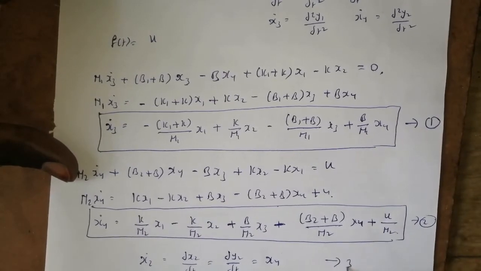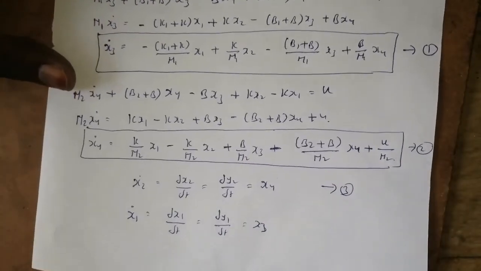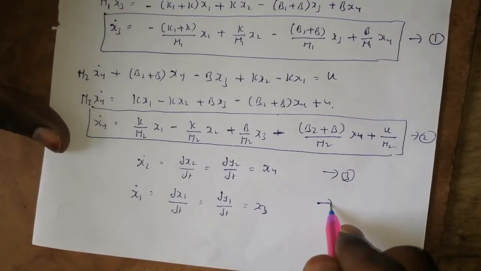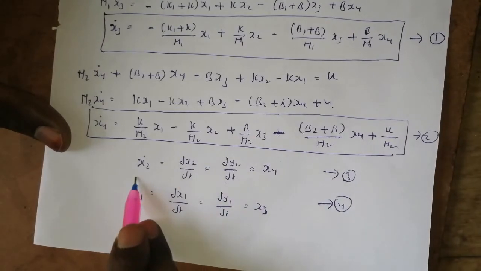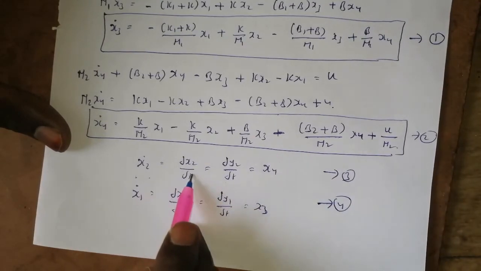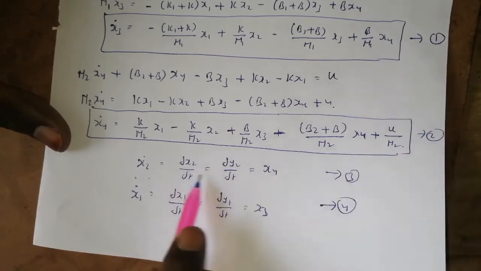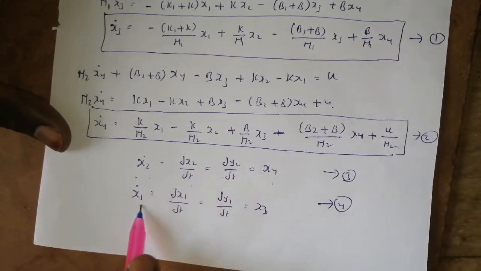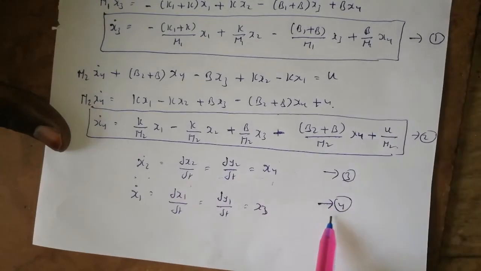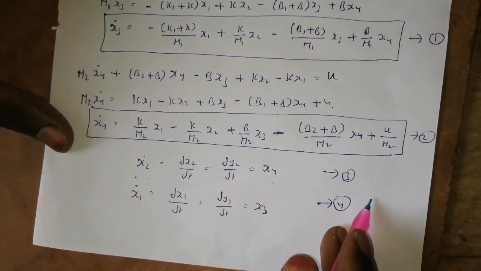So this is equation 3, and this is equation 4. So x2 dot can be written as dx2 by dt. Already we have x2 equals y2, so if we differentiate, we will get x4. Similarly x1. So by using these 4 equations, we can form a state equation.